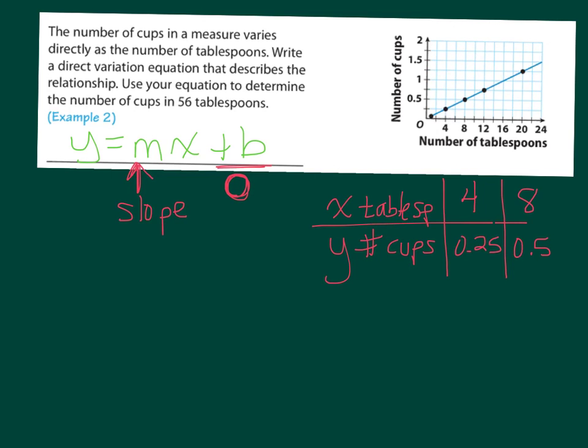When x is 12, I'm going to run out of room, then y is 75 hundredths of a cup. And then it skips and it goes to when x is 20, the y is 1 1/4, or 1.25. So that's our data from our graph into a table.